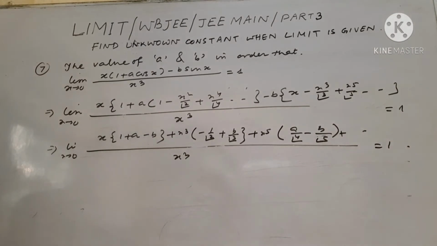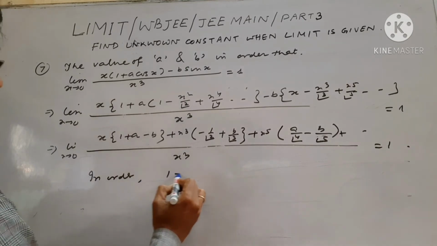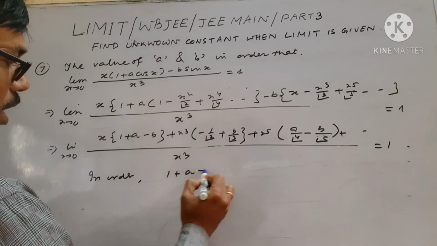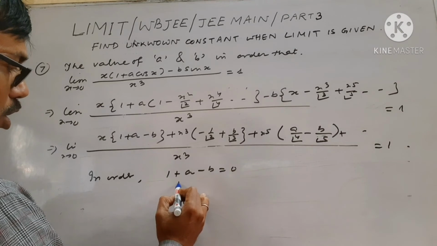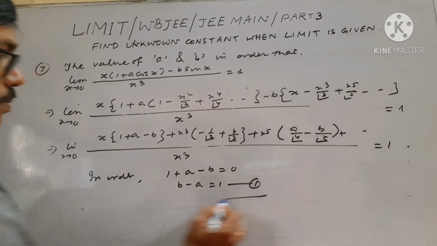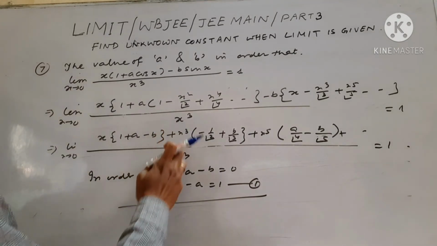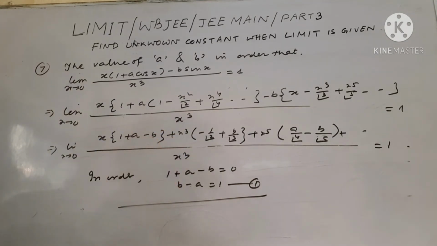Now look, in order that the limit exists, 1 plus a minus b equals 0. So b minus a equals 1. Now the value is finite, x cube, 1.